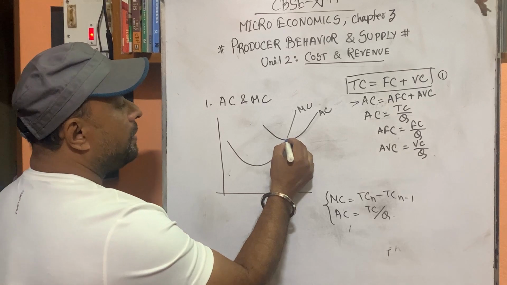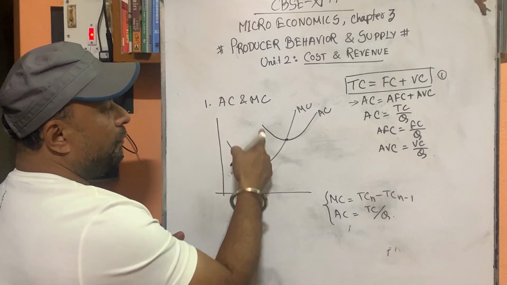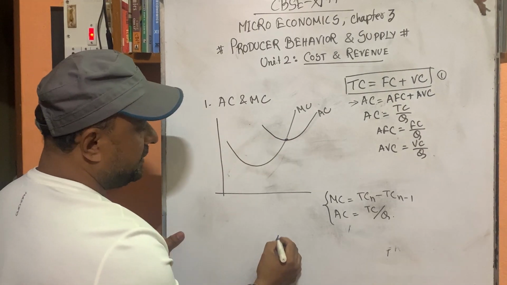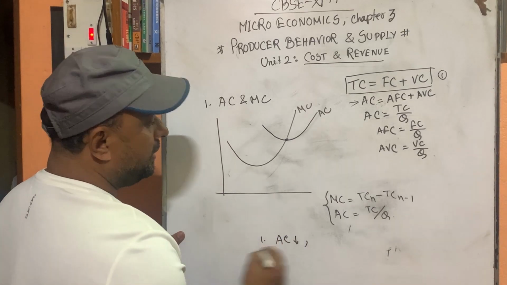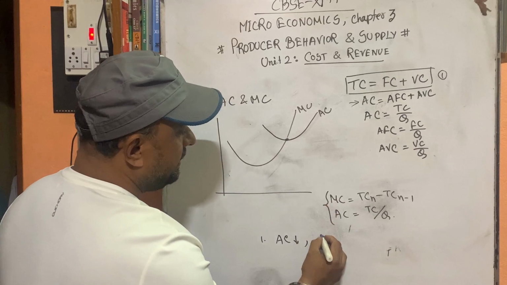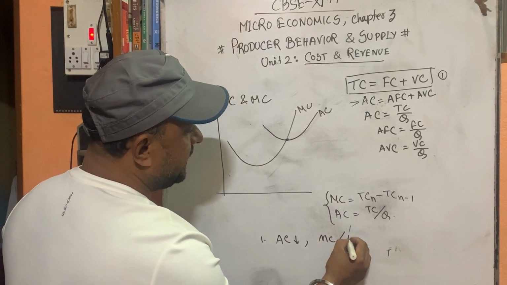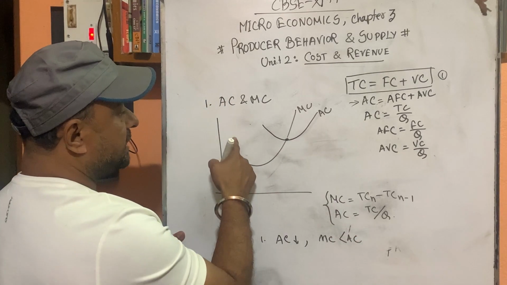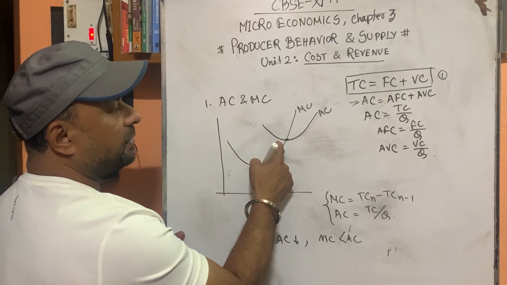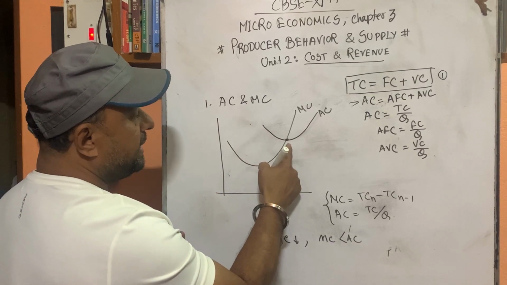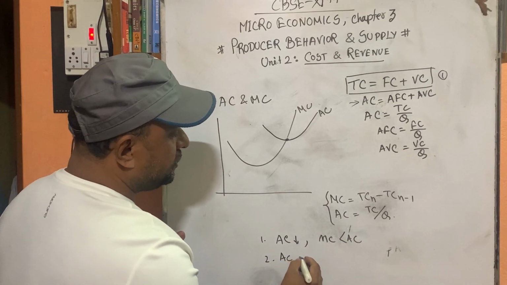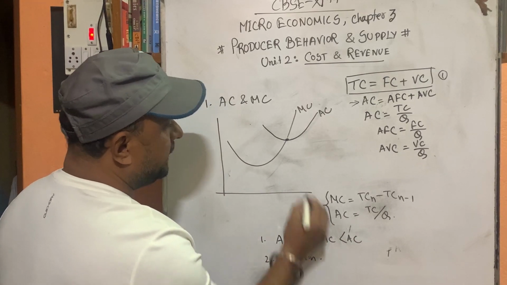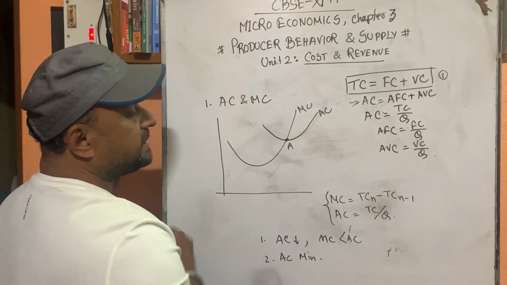Okay. Now, in the beginning, when average cost decreases, marginal cost is less than average cost. See, the marginal cost curve lies below the average cost curve. So when AC decreases, MC lies below AC. When AC is constant or minimum, at point A, AC is minimum.